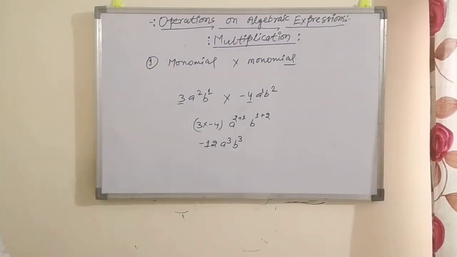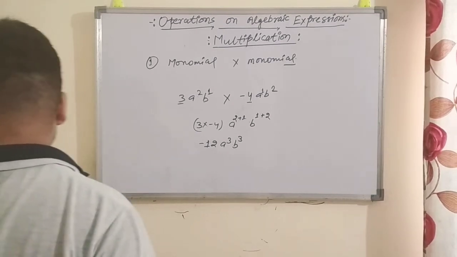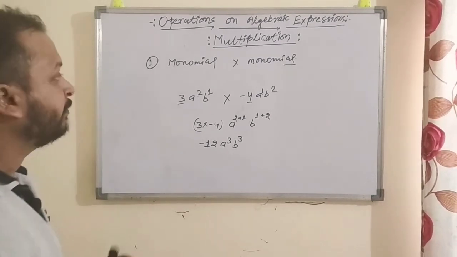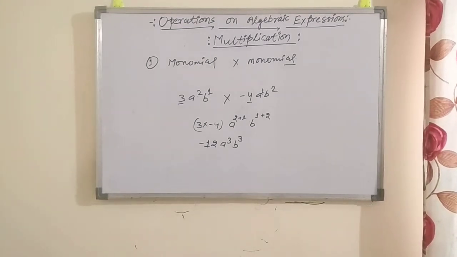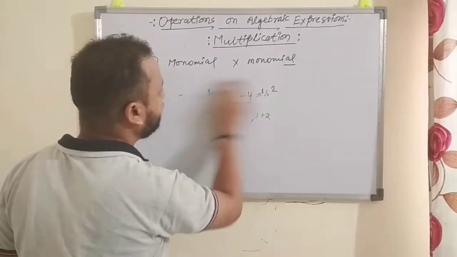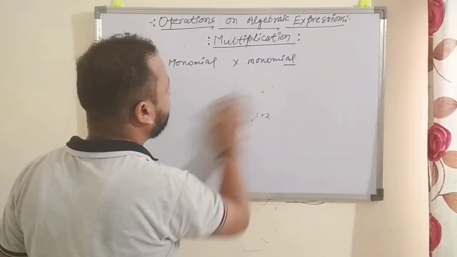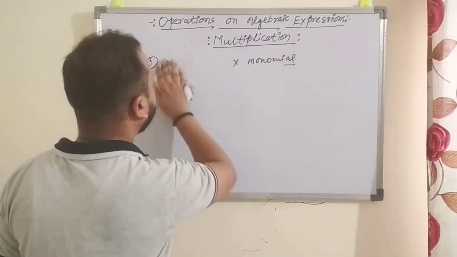So this was the multiplication of a monomial by a monomial, right? Now the second type is when a polynomial is multiplied with a monomial.